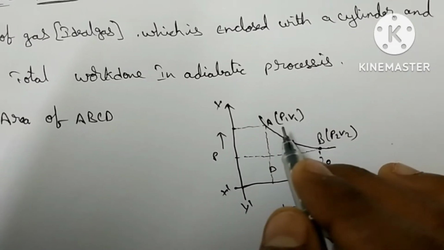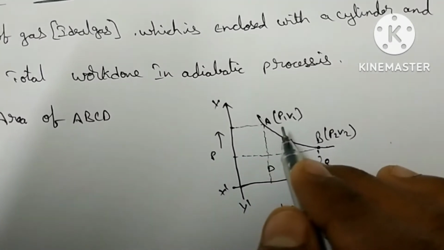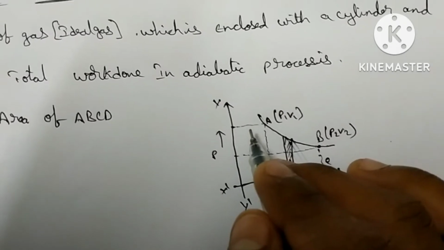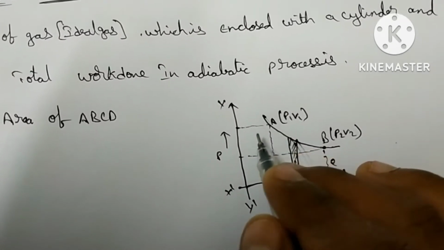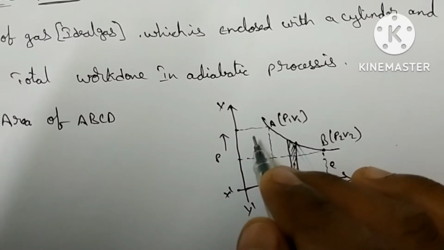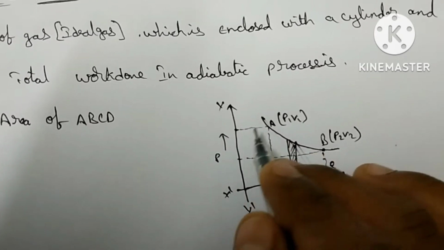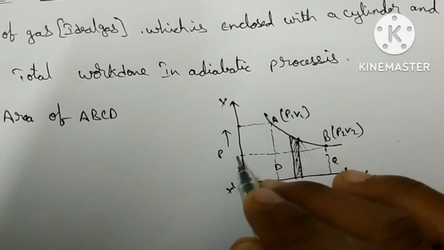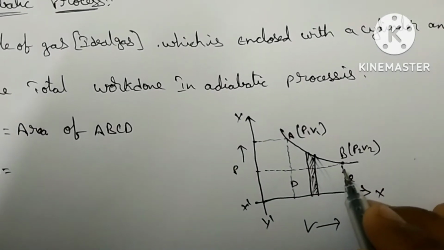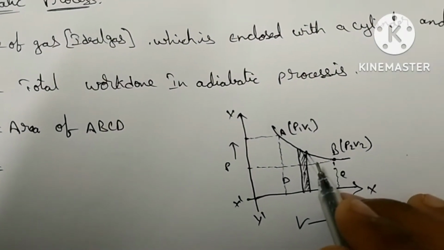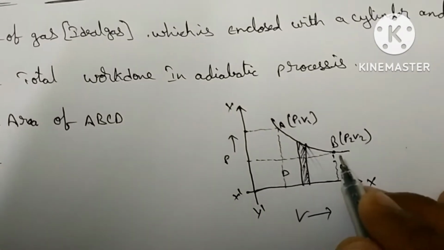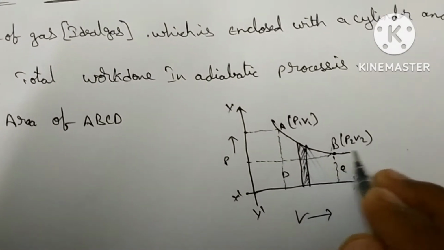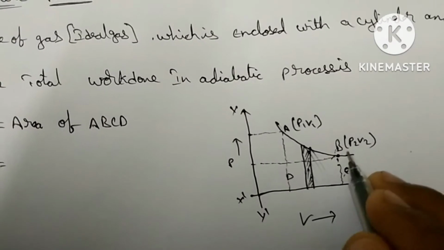When the cylinder is expanded, pressure decreased and volume increased. As the cylinder is compressed, the pressure is increased and volume is decreased.